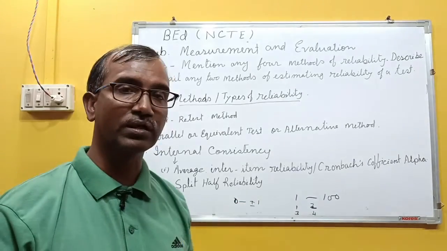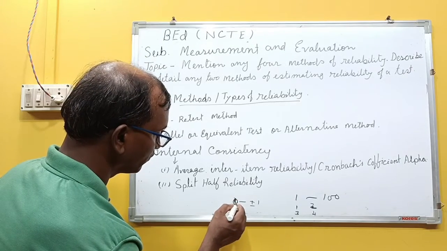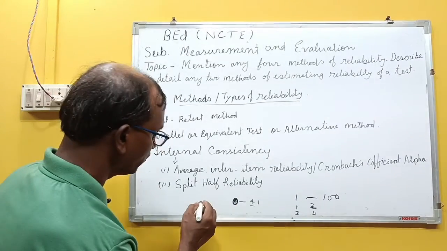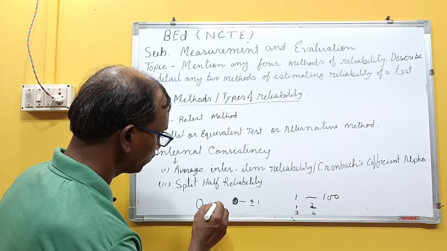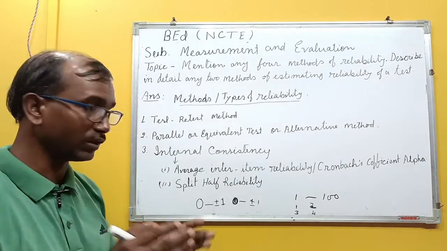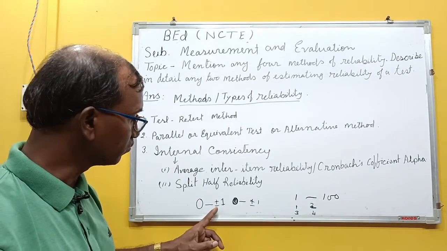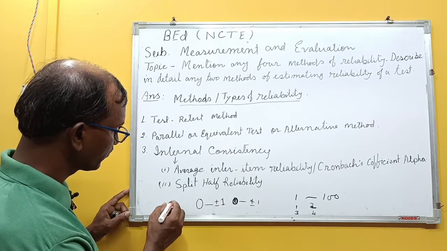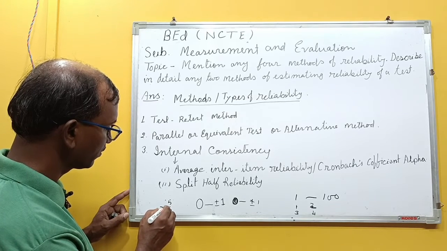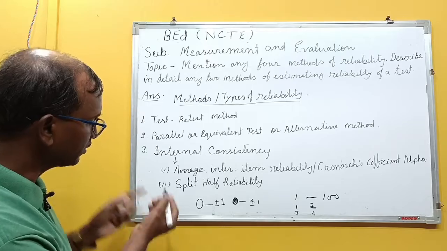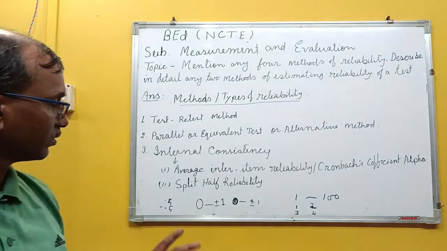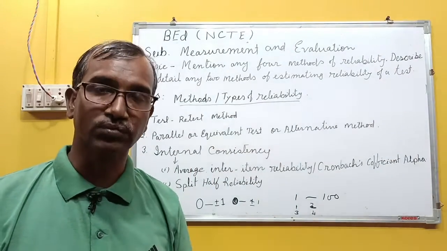So if our resulting coefficient of correlation is between 0 and plus or minus 1, say 0.5 or minus 0.5, if we get this kind of correlation from different tests, then we can say the coefficient of correlation is good.